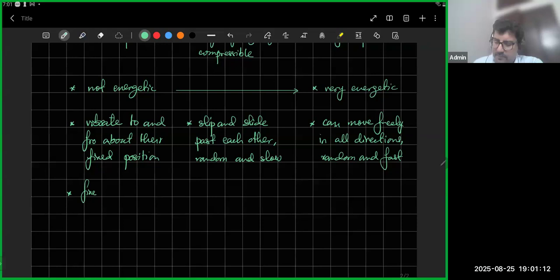So there's one thing left, which is that solid particles have a fixed volume and a fixed shape. In liquids, the particles have a fixed volume. A glass of water is always a glass of water. So they always have a fixed volume, but no fixed shape.